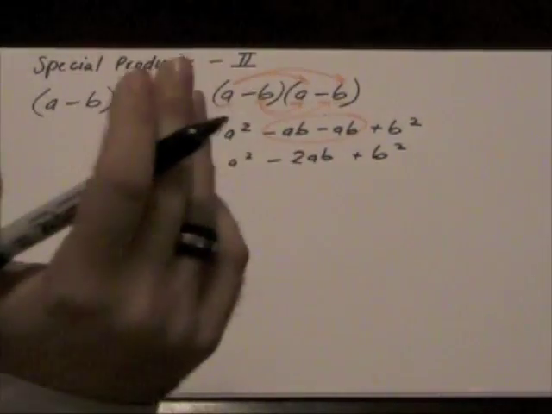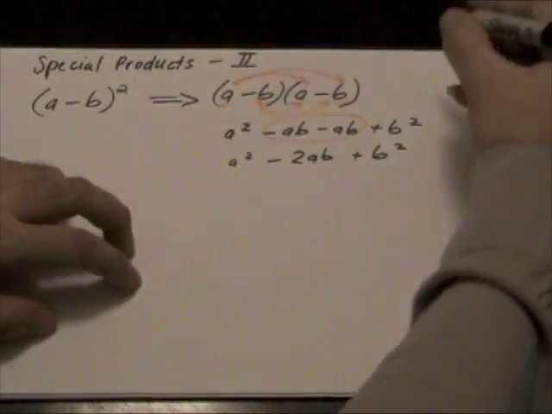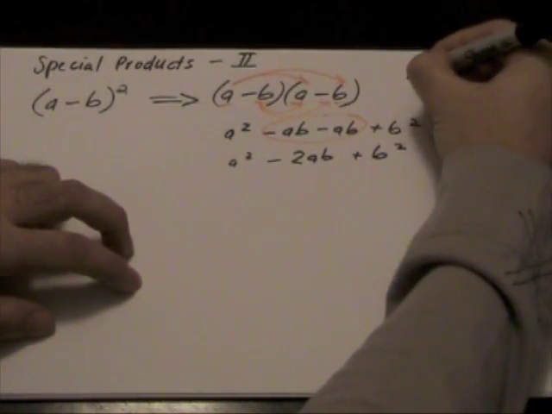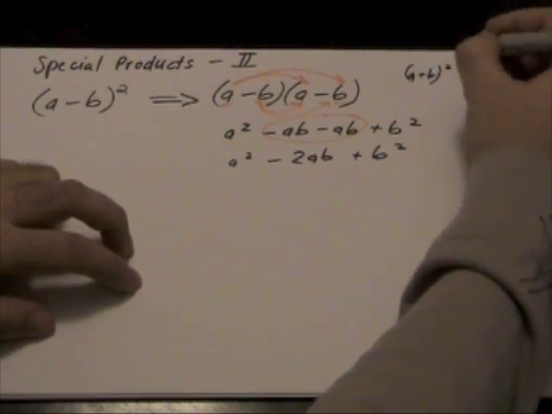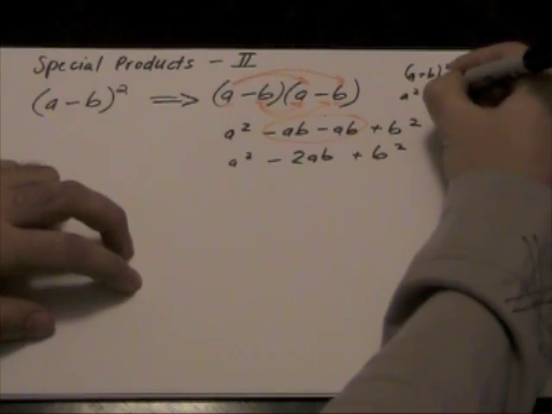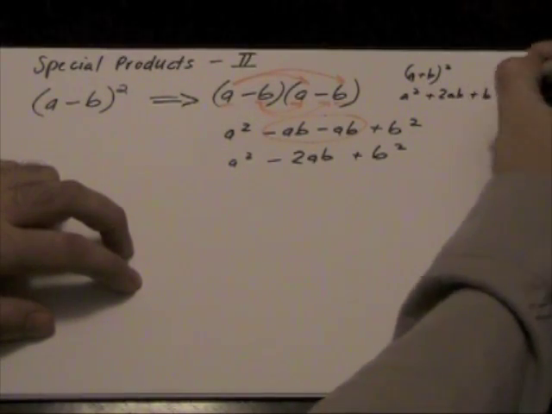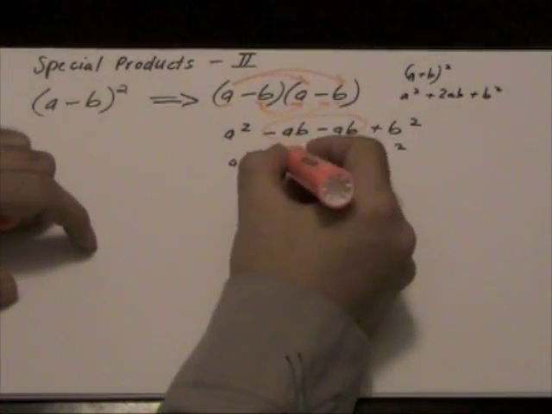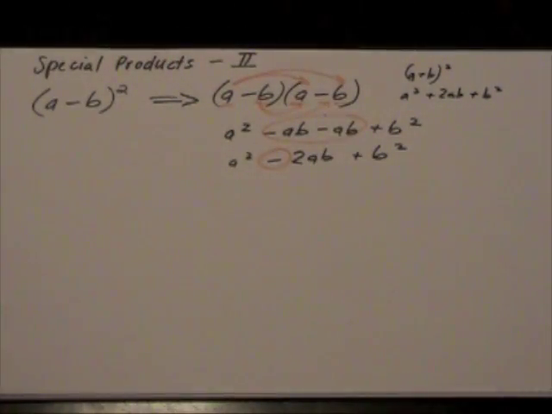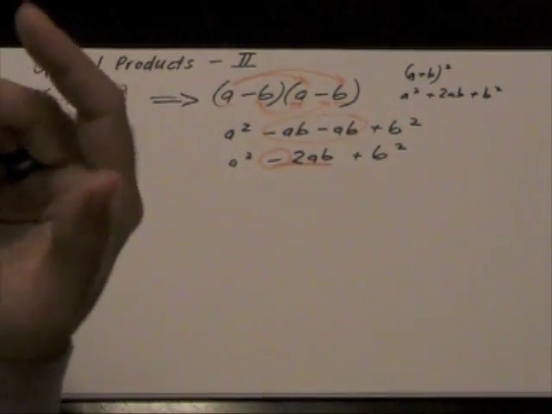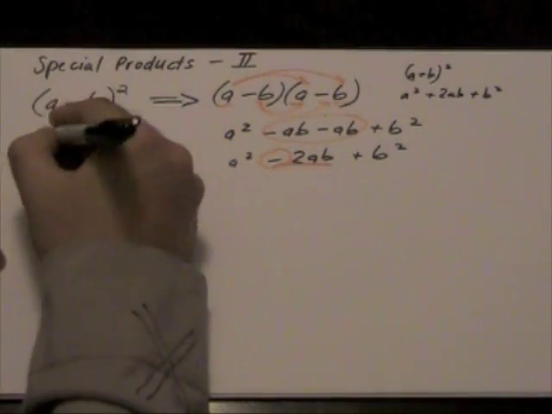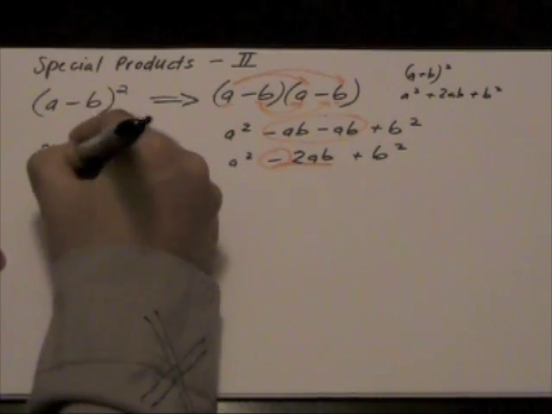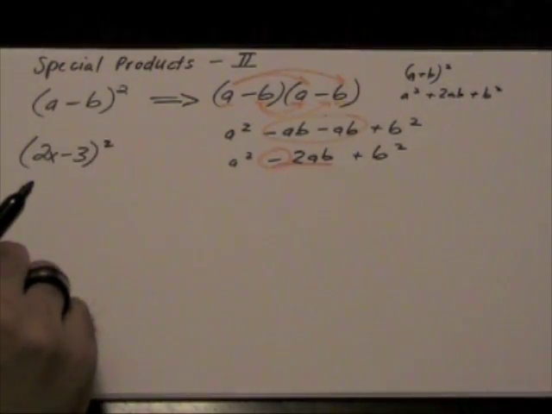Now the difference, if we look at what we had before with our other example, when it was A plus B squared, we got the answer A squared plus 2AB plus B squared. The difference here is that whenever we're subtracting, the only subtraction or negative symbol will be with this middle simplified term. Okay, so let's look at our first example, 2x minus 3 all squared.